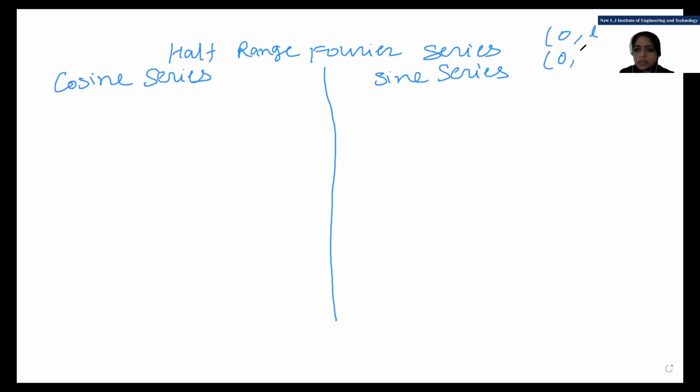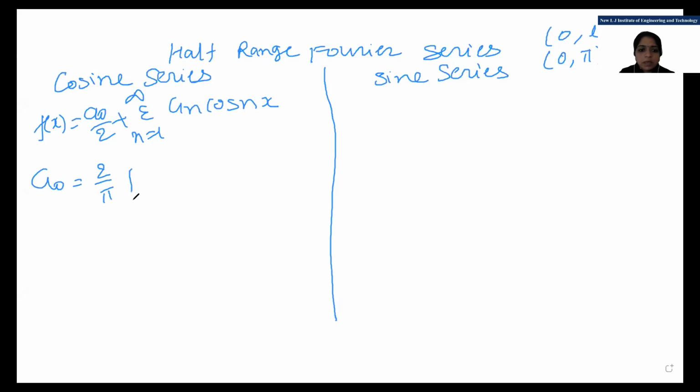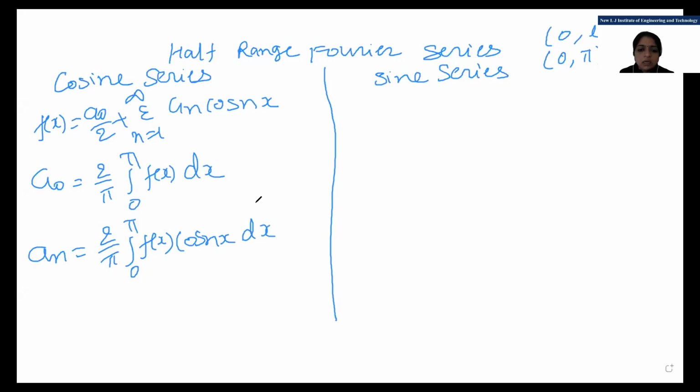So now I am writing the formula for the half range Fourier series for 0 to pi. If our period is 0 to pi, then for cosine series, f of x is equal to a0 by 2 plus summation n 1 to infinity an cos nx. For a0, 2 by pi integral 0 to pi f of x dx, and an is 2 by pi integral 0 to pi f of x cos nx dx.